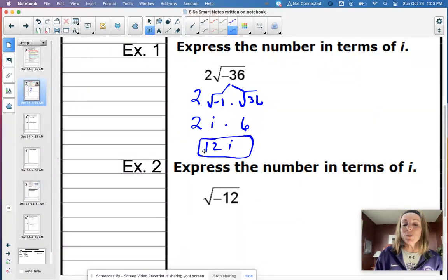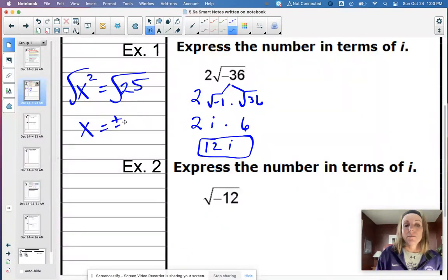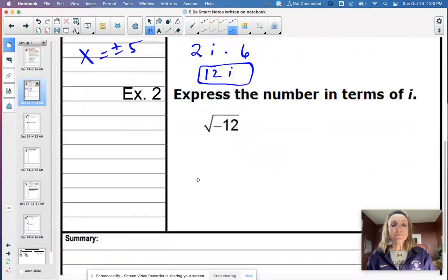It's not plus or minus because we have an expression where we don't have an equation like x squared equals 25, where we take the square root of both sides. Remember, when you take the square root of a square, that cancels. When that comes out, you get 2 answers. That's not what's happening here.